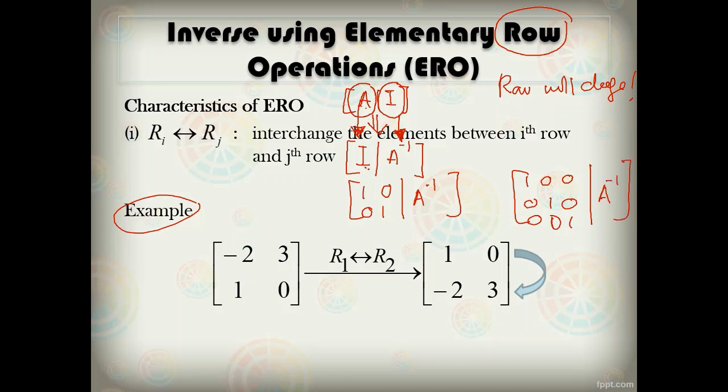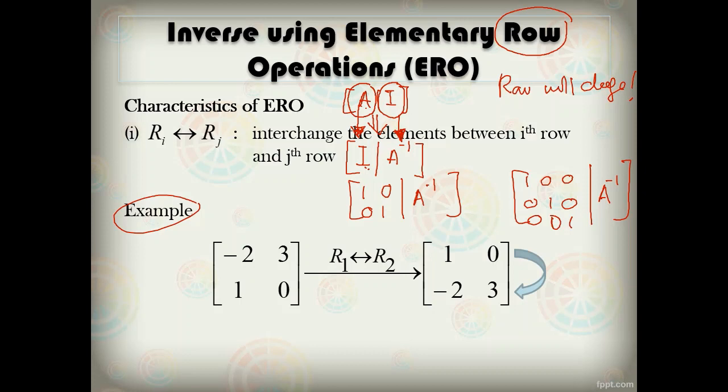Reduce the A until you get this for 3 by 3. If your A is 2 by 2, your aim is to reduce to this identity matrix. So our aim is always to make sure that the first row, first column is 1.